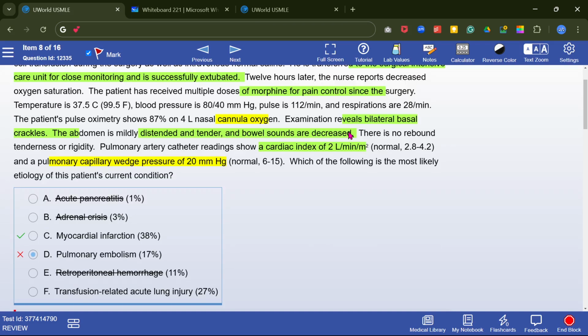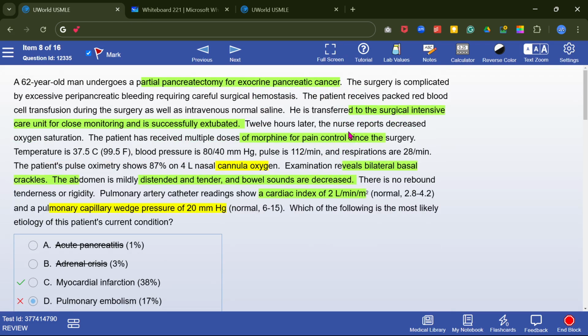So in this patient, pulmonary capillary wedge pressure is increased, so left-sided preload is increased. Cardiac index is decreased.